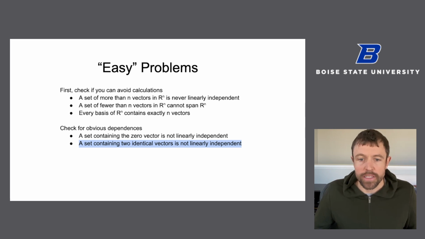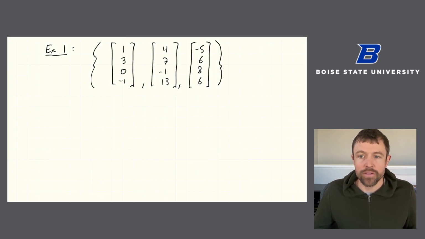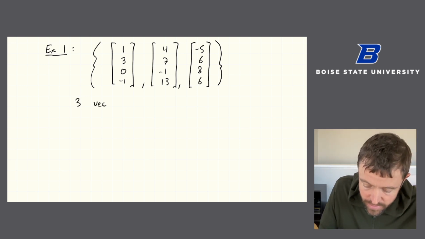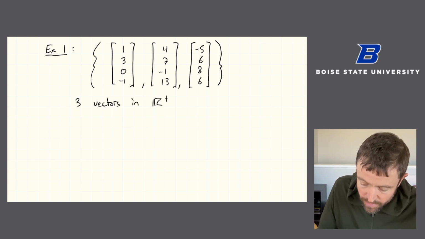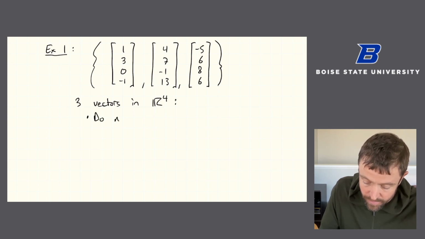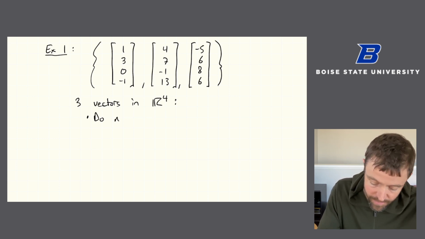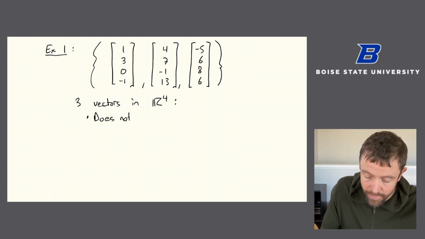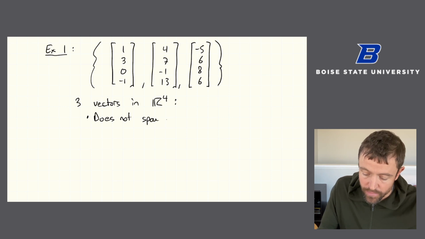Let's go back to our example. So I'll address the easy ones first. So we have three vectors in R4. That means that this set does not span R4. It's too few vectors, right?